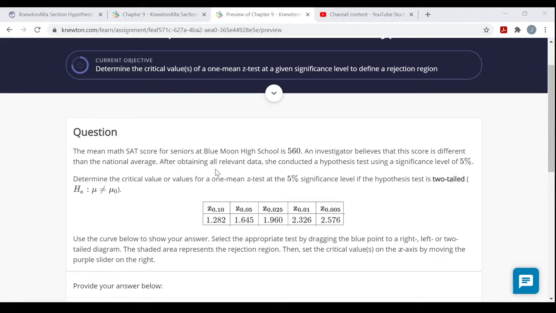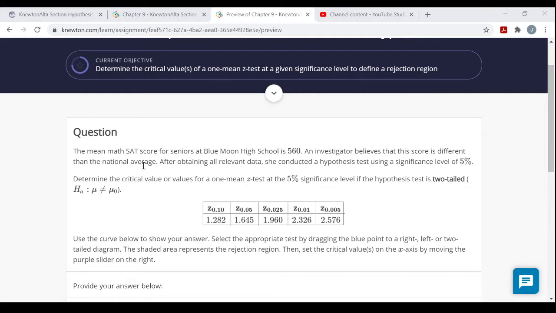After obtaining all relevant data, she conducted a hypothesis test using a significance level of 5%. Determine the critical value or values for a one-mean z-test at the 5% significance level if this hypothesis test is two-tailed. Because remember, the belief this investigator is testing is that this score is different than the national average.